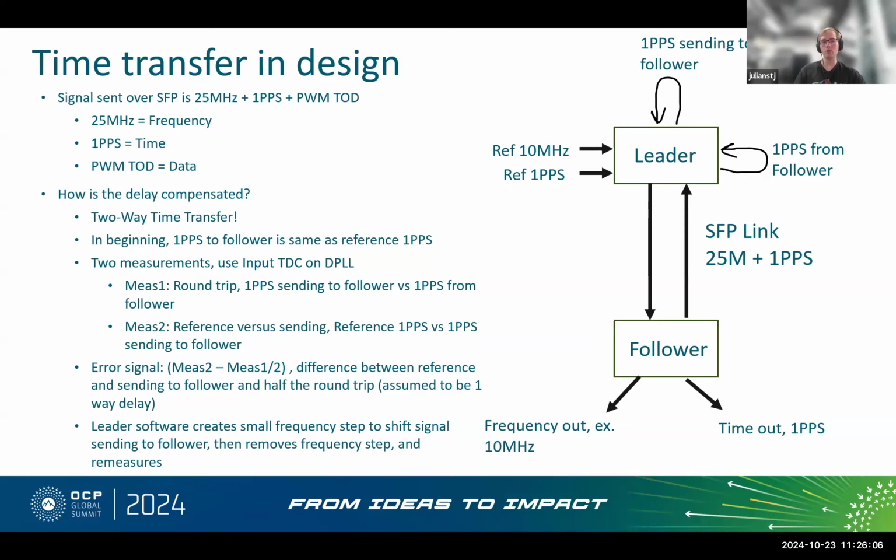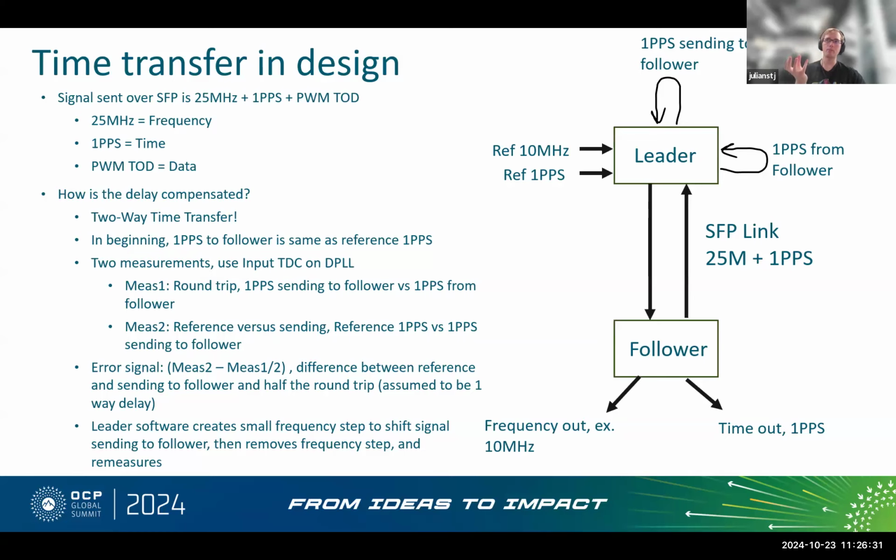So the mechanism I used was kind of like a sacrificial channel, I called it, in the leader board. So what you do is your leader board has some reference inputs. In the diagram, I drew a 1 PPS 10 megahertz. It then sends that as a 25 megahertz with embedded PPS to the follower board. The follower board then on the same SFP link sends back what it's receiving from the leader.